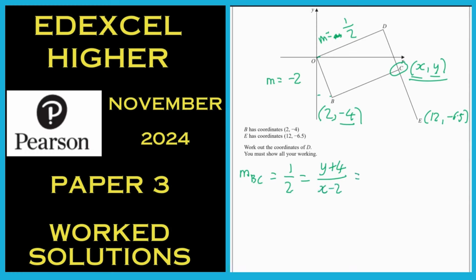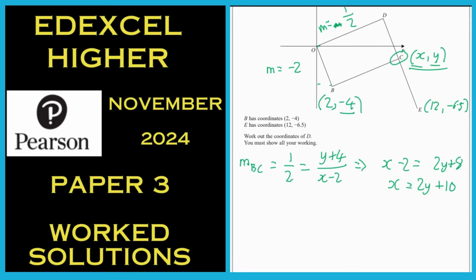So let's just rearrange that. Let's just double both sides and times both sides by x minus 2. And now we can slightly rearrange. We can make the statement that x equals 2y plus 10. We have one of 2 equations.